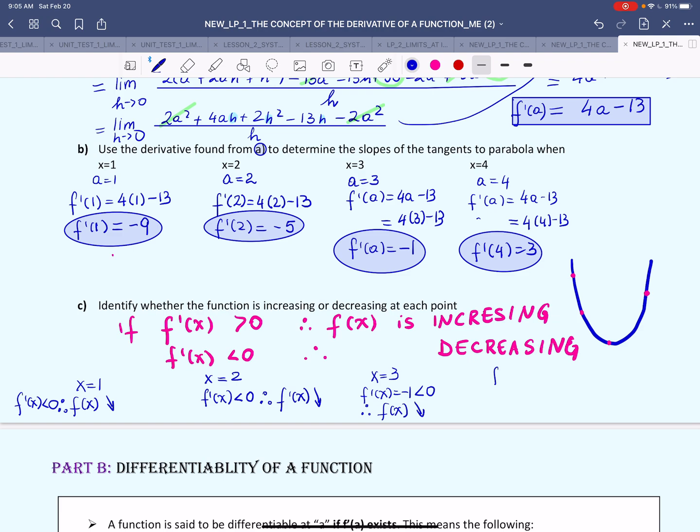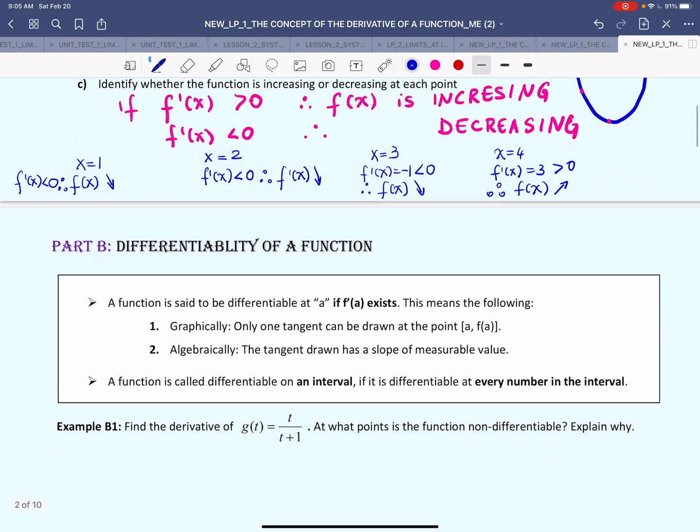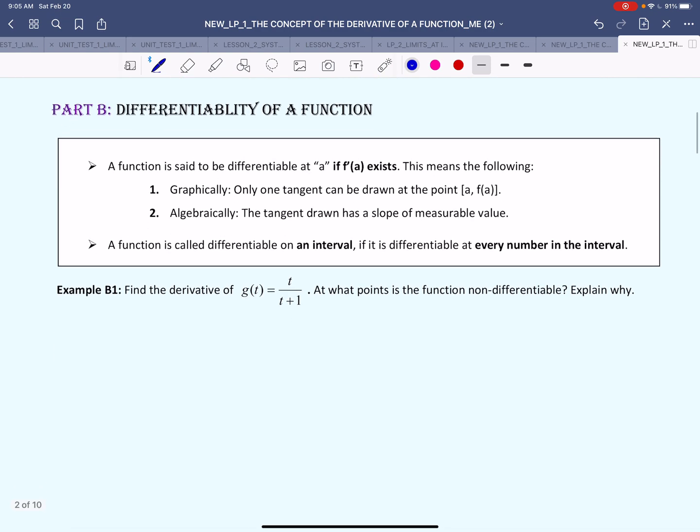And last but not least, at x equals 4, we found out that f prime was +3, so that's a positive number, which makes f of x increasing at that point.